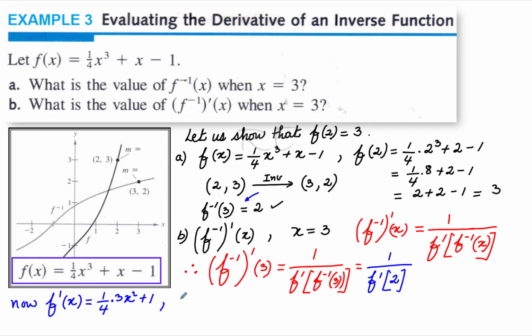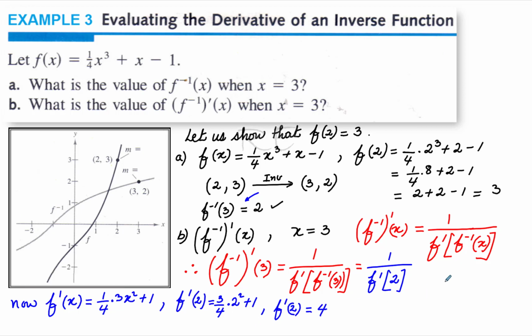Now, the derivative of f at 2 is equal to 3/4 times 2 squared plus 1. So 4 over 4 is 1, so it's 3 plus 1, which is 4. The derivative of f at 2 is equal to 4.